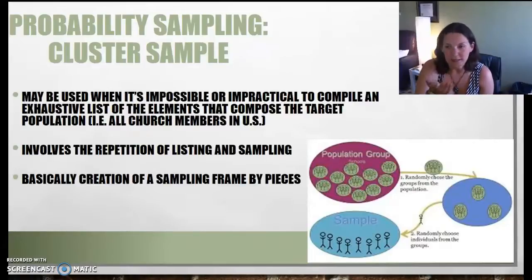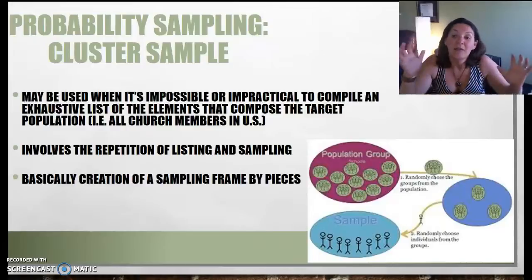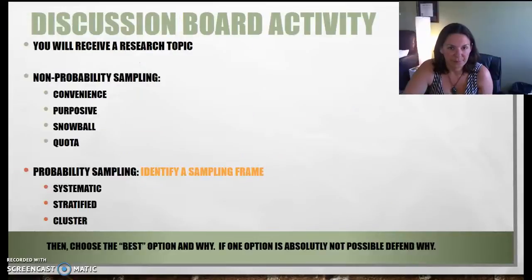There's not necessarily a list of all church-going people in America, but there are membership lists in individual churches. And so you could build a sampling frame by getting a list of this Baptist church and this Methodist church and this Catholic church, and you get the idea. And then building a bigger list from those individual pieces. So sometimes that's useful, just something to kind of keep in mind.